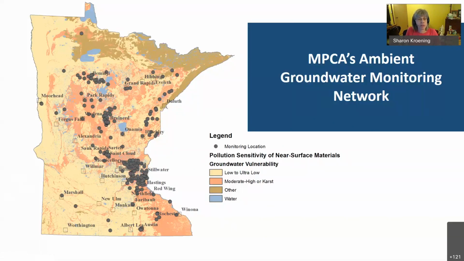Our sister state agency, the Minnesota Department of Ag, also has an ambient groundwater monitoring network that focuses on the ag areas of the state. And if I would overlay our network with theirs, you'd see that it gives a fairly complete picture of groundwater conditions across the state.